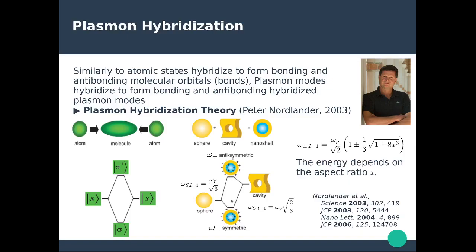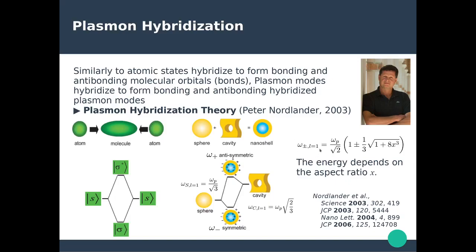Basically you have the negative and the positive charge distribution of a sphere, and then you have the positive and negative charge distribution of the cavity, and you can actually flip the signs of one or the other to get these symmetric and anti-symmetric combinations.